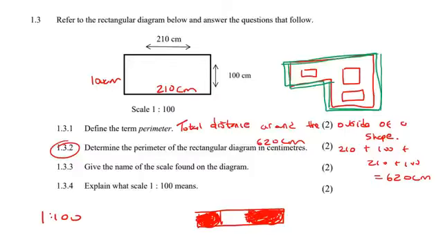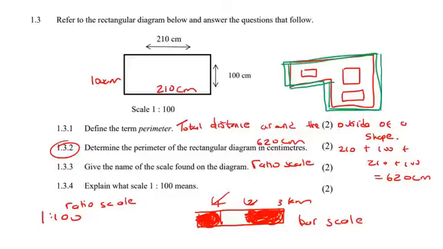It'll normally say something like 1, 2 and 3, and then this is kilometers. You've seen those. Well, this one's called a ratio scale, because it uses a ratio. And these ones here are called a bar scale, because there are little bars over there. So this one is going to be a ratio scale.